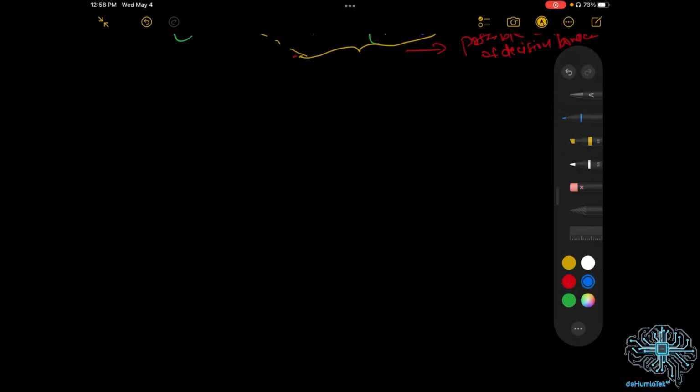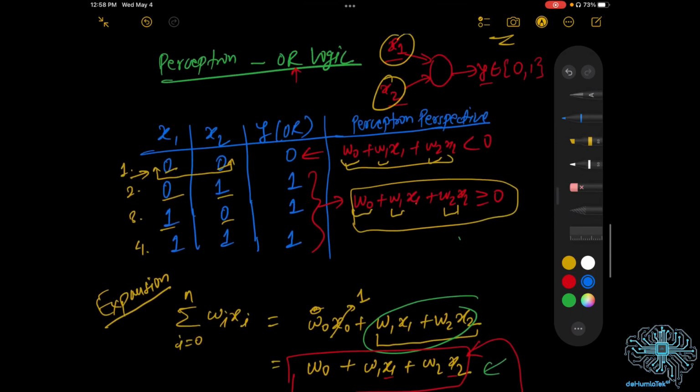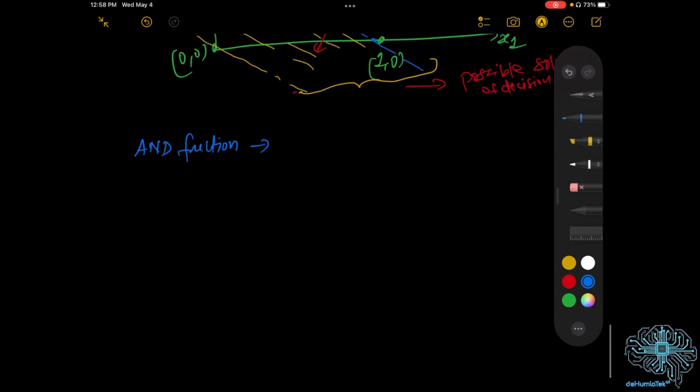Now let's see the example for the AND function. I mean, learning the weights to make the same perceptron work as an AND gate or AND function.